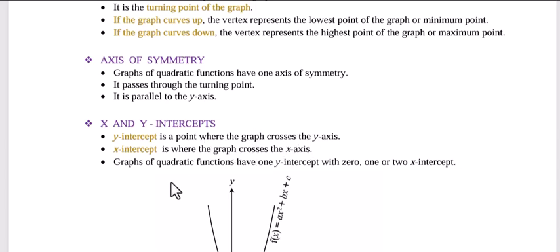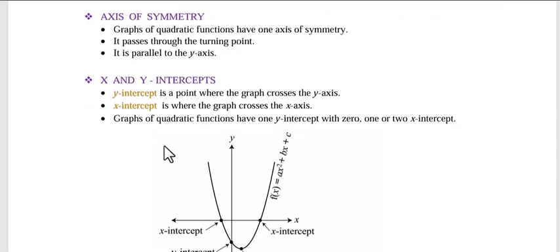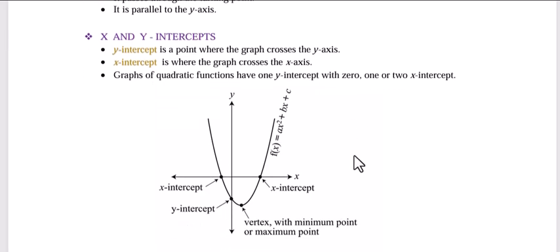Graphs of a quadratic function have one y-intercept, with 0 or 2 x-intercepts. So we'll look at the graph here.